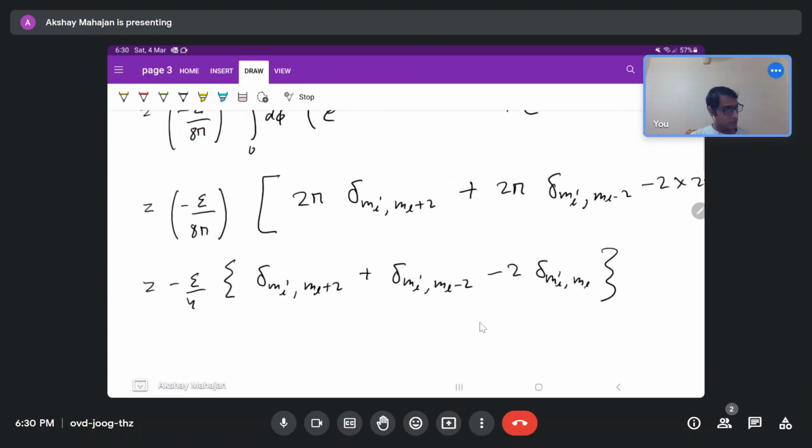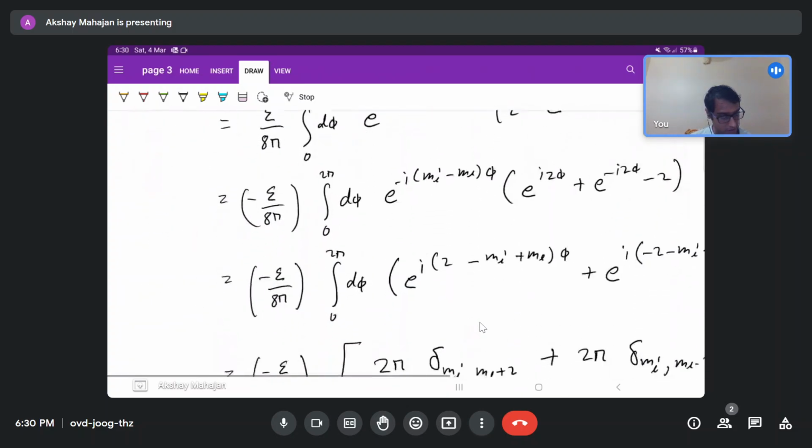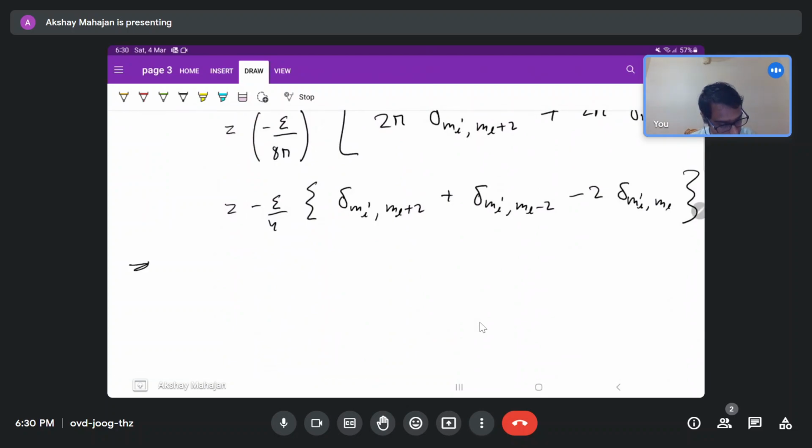Alright, so this is what we will get. Now we are ready to write our matrix elements. Here we have ml equals plus or minus 1, that is what we have to use.